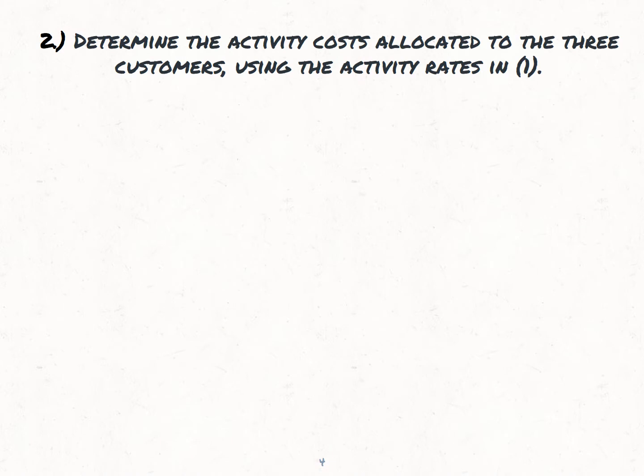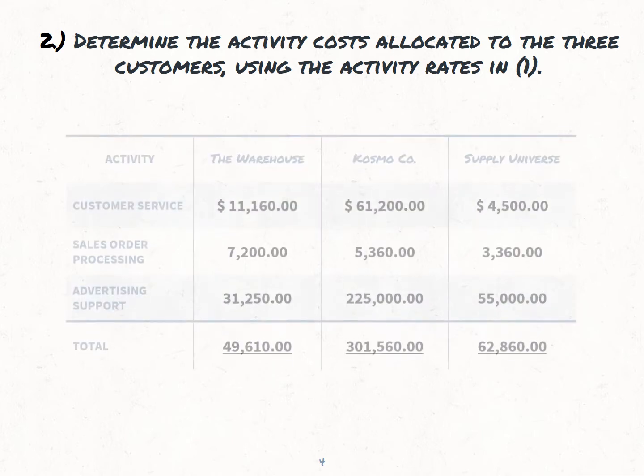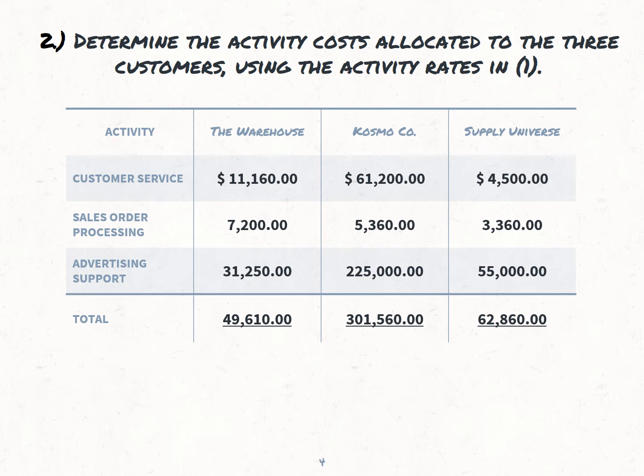Requirement number 2. Determine the activity cost allocated to the three customers using the activity rates in requirement number 1. Since we already determined the activity rate and the activity base, we will now multiply both to get the cost. For customer service, The Warehouse has 62 service requests, while Cosmo has 340 and Supply Universe 25, multiplied with the activity rate of $180 per request, a total of $11,160 for The Warehouse, $61,200 for Cosmo, and $4,500 for Supply Universe.